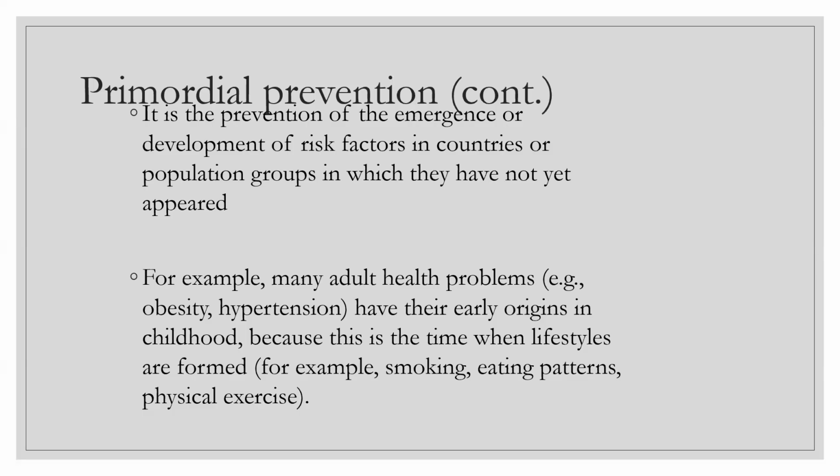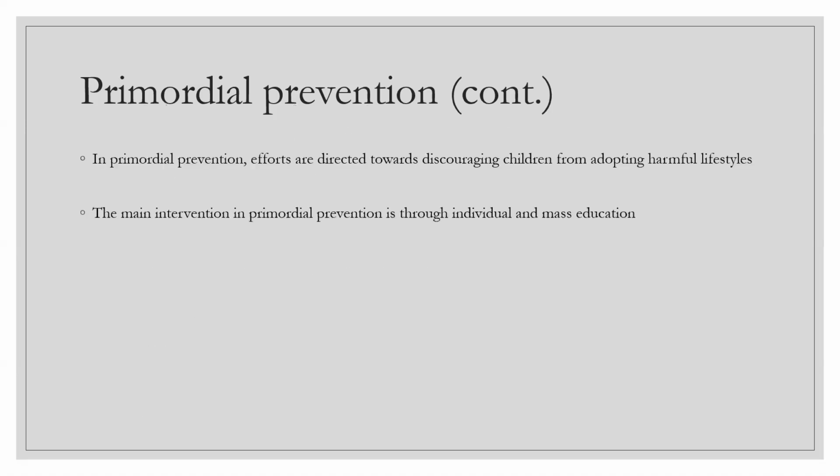For example, if there is a community, a locality, where there is no advertisement or sales of cigarettes or tobacco products, how do you ensure that tobacco products are not advertised, sold, or grown in that environment? All of that comes into primordial prevention.